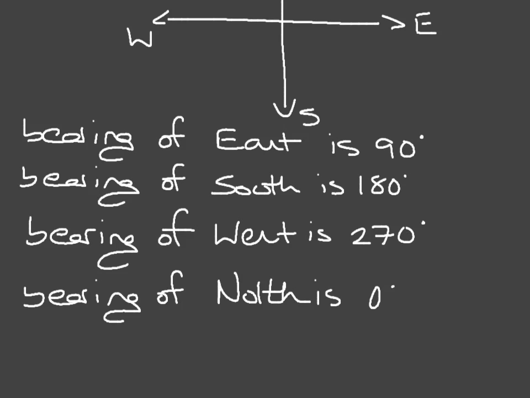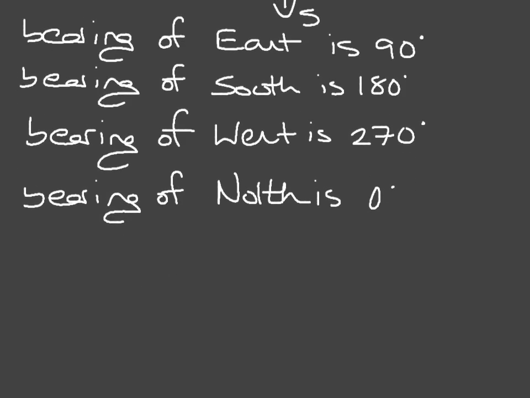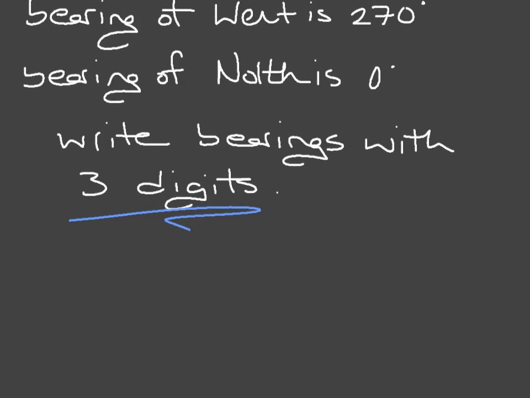Now, an important thing to point out here is that bearings are always written with 3 digits. This is very important. What I mean by this is the following. Let's say we have a bearing of 30 degrees.